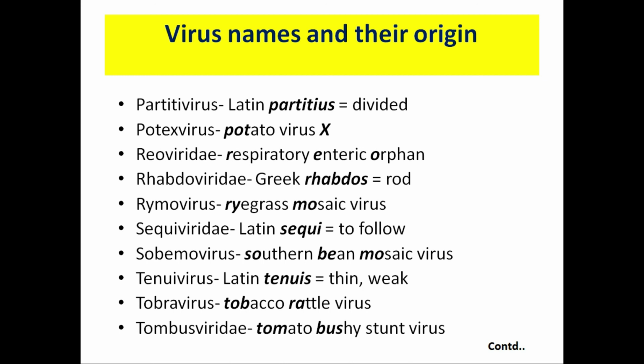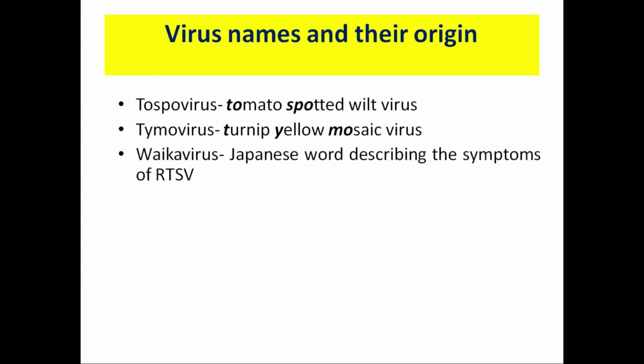Tombusviridae is a family again. Under this, we have a virus called tomato bushy stunt virus. Then tospovirus, tomato spotted wilt virus. Tymovirus, turnip yellow mosaic virus. Waikavirus comes from a Japanese word describing the symptom of rice tungro spherical virus.